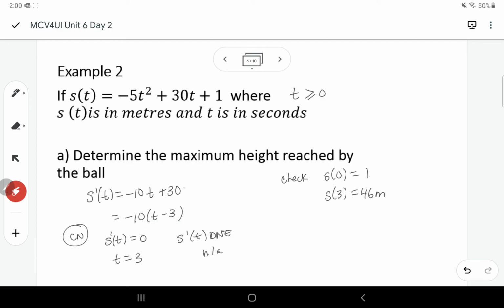So we know that this graph is a parabola opening downwards. So we know that that height would be the maximum, even though we don't have an end point to our interval. So it's a max height of 46 meters at t equals 3.